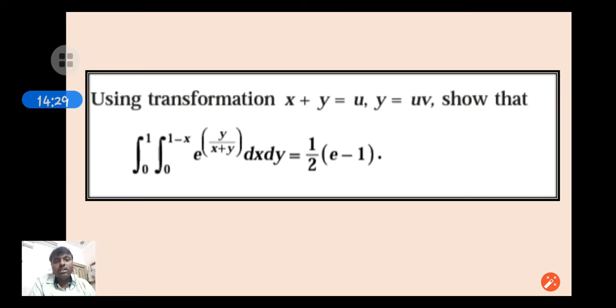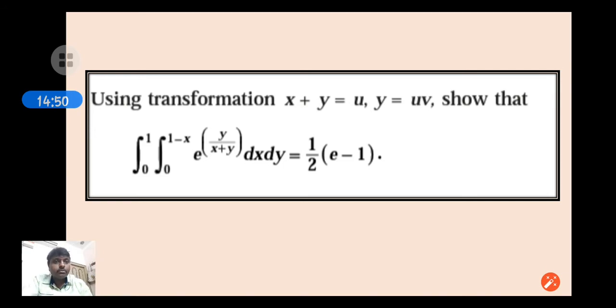Here also they mention the transformation. In the previous example we took u equal to x plus y and v equal to x minus 2y, but here there is a small change in the transformation. Using this one we can solve this problem.